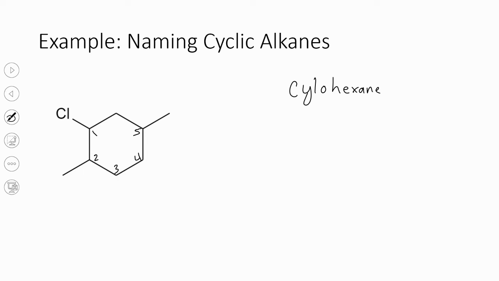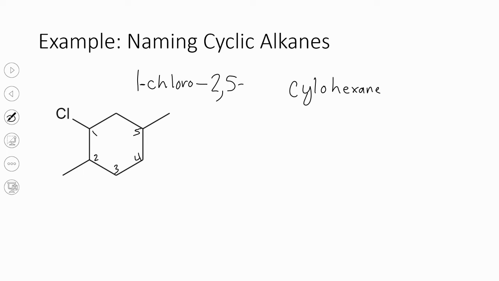Okay, so we're gonna say this is 1 chloro. And we need a dash between a number and a letter. If they're different, we're gonna put a dash. Then what? Dash, okay, 2, comma, 5, dash, triethyl, cyclic.